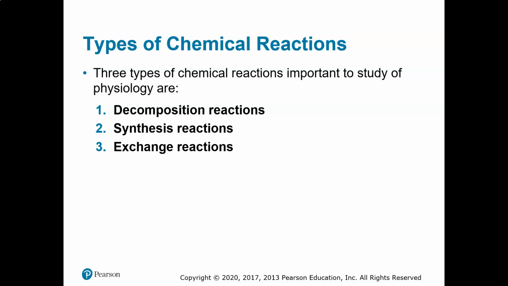There are three types of chemical reactions that are important, and they are decomposition or breakdown reactions. They are synthesis reactions. Decomposition and breakdown, by the way, there's another word for that: catabolism or catabolic.